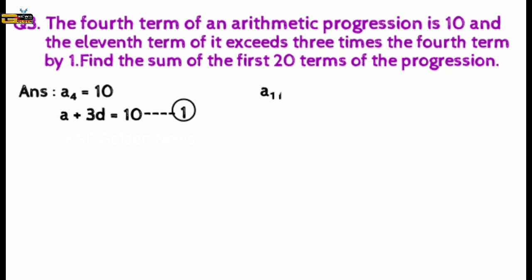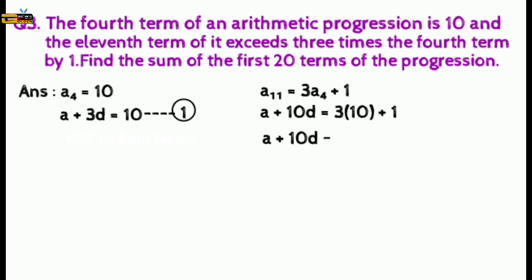Also, A11 is given as 3 times the fourth term plus 1. A11 is written as A plus 10D, which equals 3 times the fourth term, which is 10, plus 1. Therefore, A plus 10D equals 3 into 10, 30, plus 1, 31. Consider this as equation number 2.